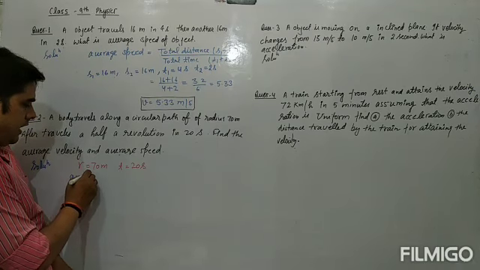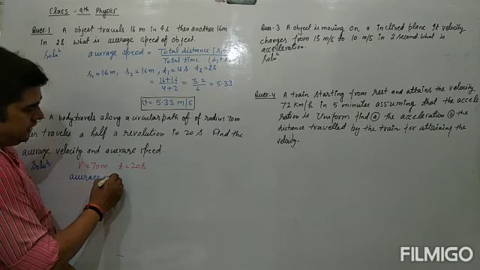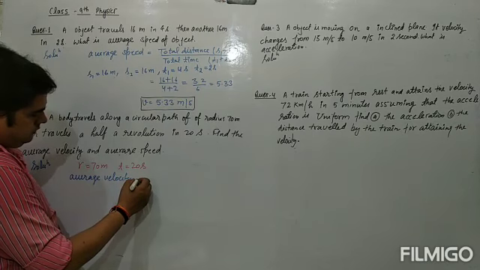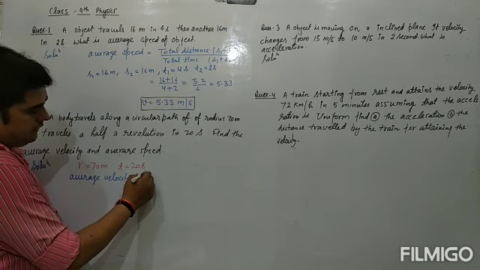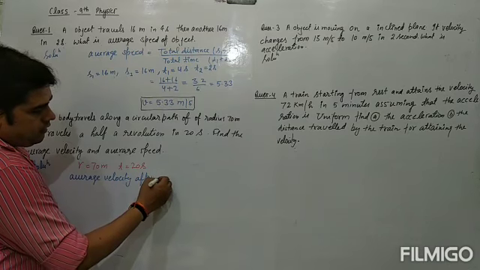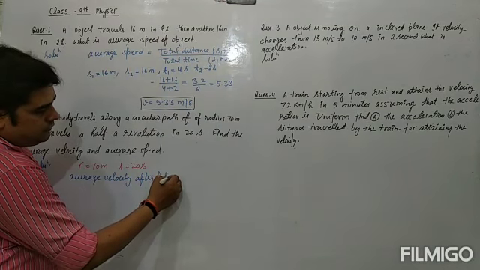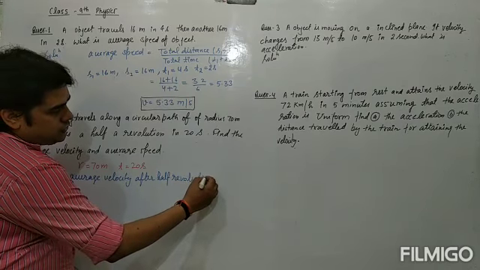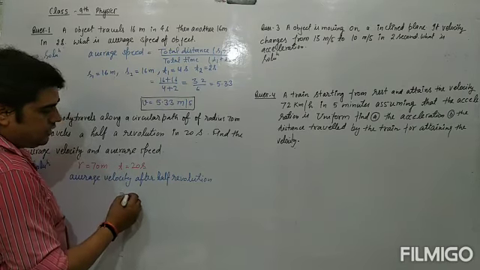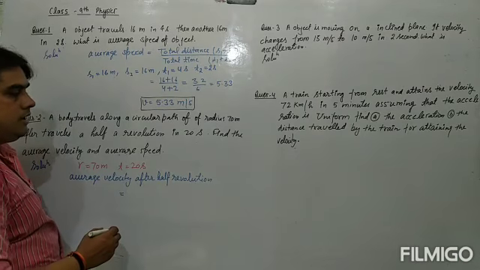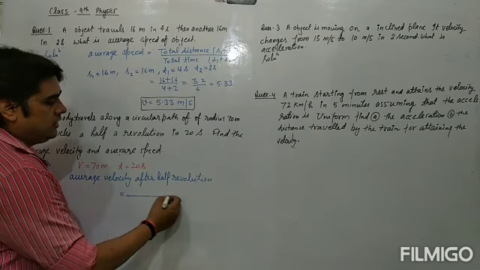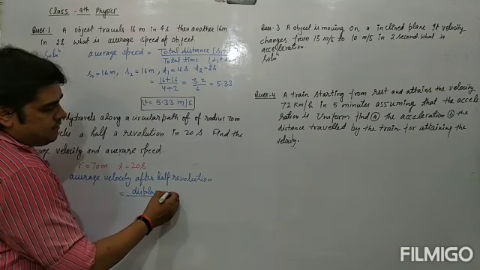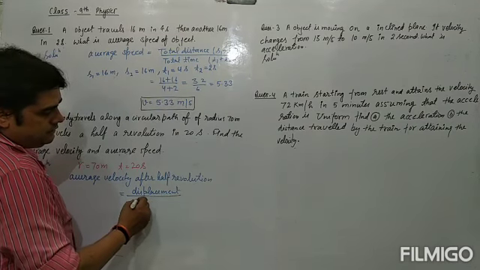Look here, average velocity after half revolution. After half revolution, velocity is equal to displacement upon time.